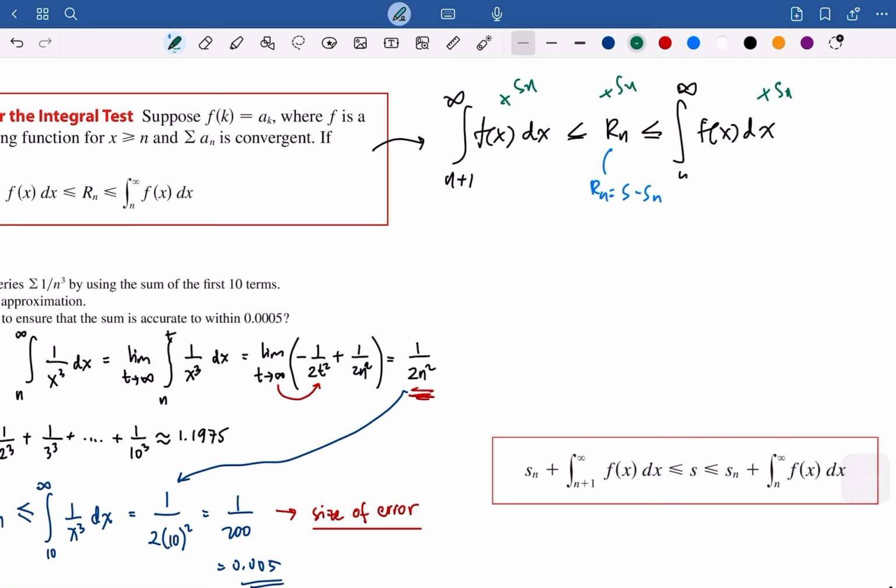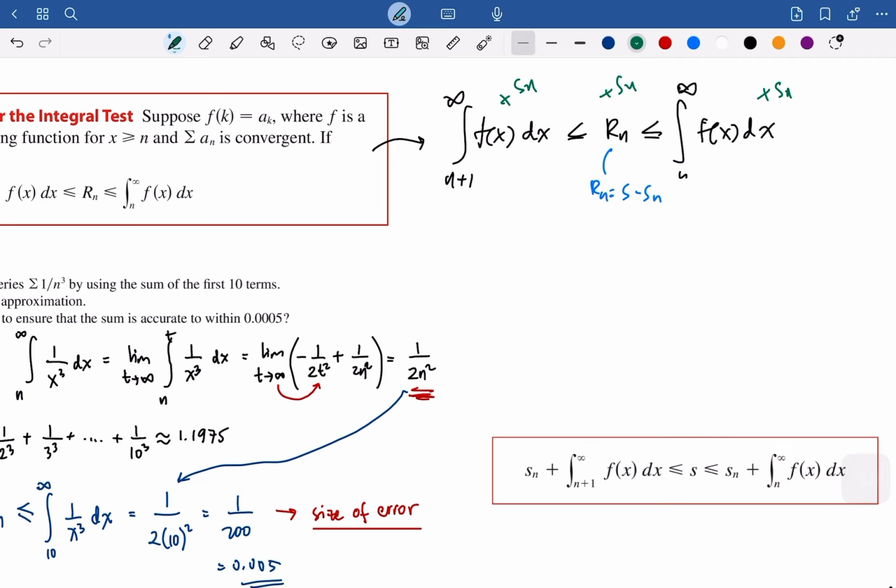If we plus Sn, then the left part will be Sn plus this, and that one will be Sn plus that, and this will be S. So we are going to use this Sn and add the error. Okay, we are going to have the actual amount. So this is the error, and then you can say plus minus the error. That will be your estimation of the value, the end value.